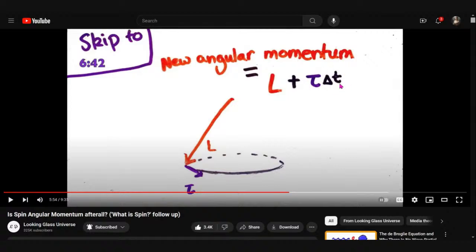This is correct. This is L plus dL. Tau is dL/dt, and dL/dt times dt is dL. So this happens to be correct. Multiplying the torque by delta t just makes it smaller, and then we add. Multiply the torque by delta t, but this is not the torque. This is the force.